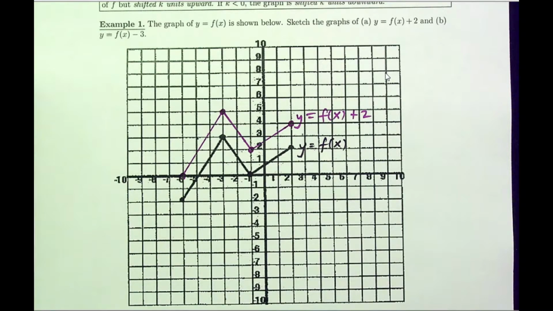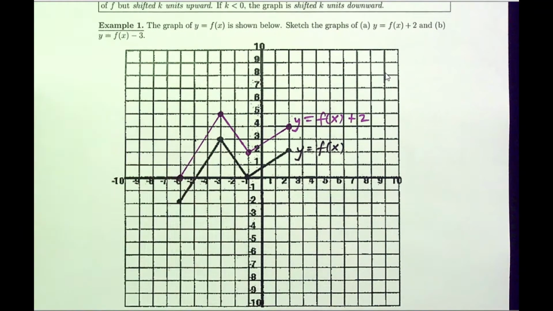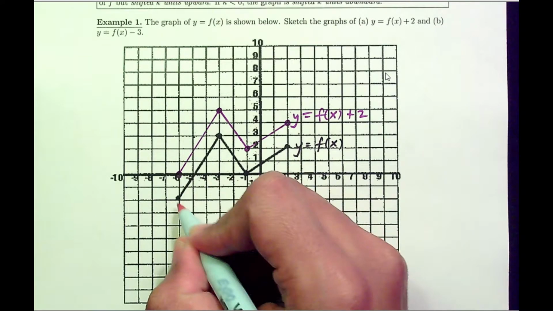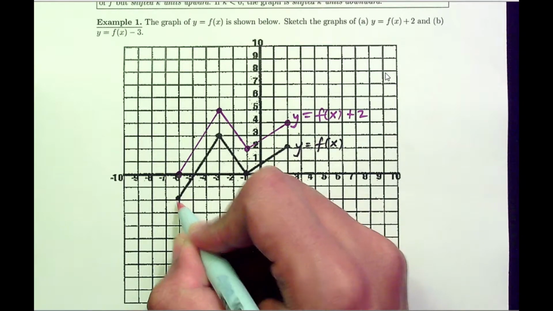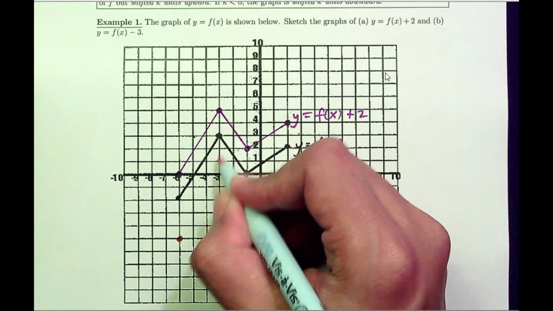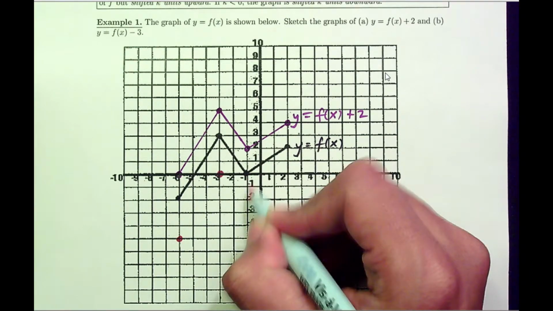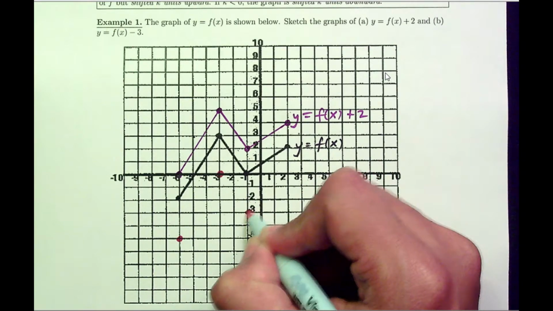So that is A. Now, B says we have to sketch the graph of y equals f of x minus 3. For that one, minus 3 means you move the whole graph down by 3 units. So again, I'm just going to move some key points. Let's start by moving this one 3 down: 1, 2, 3. 1, 2, 3 there. 1, 2, 3 there.